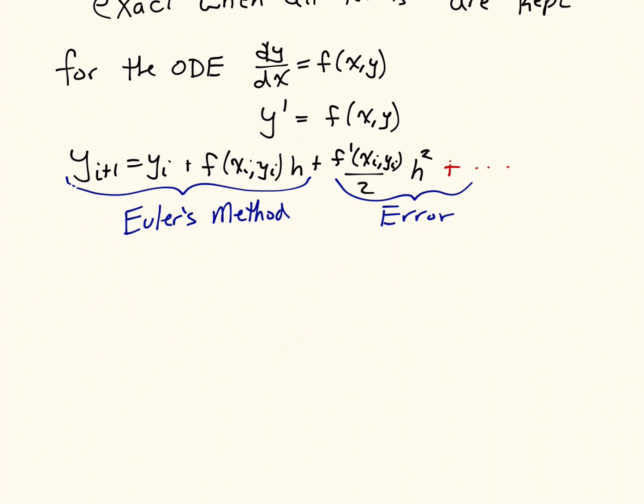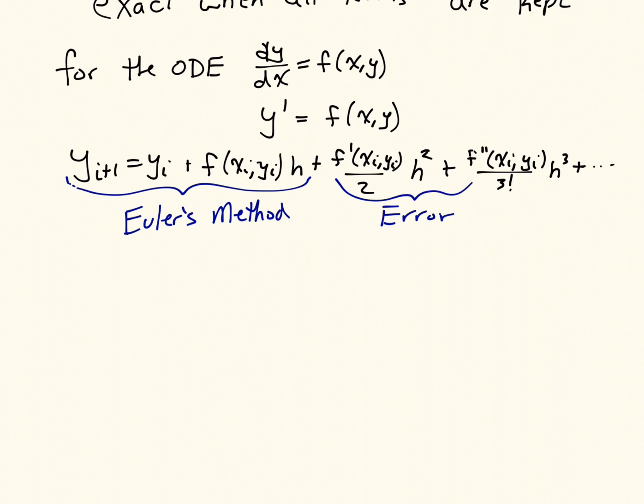So if we look at these terms, the next term in this series, let me just write down what that is going to be: plus f double prime at xi yi all over 3 factorial times h cubed plus dot dot dot. So these terms, we have h squared, h cubed, h to the 4th, and so forth.